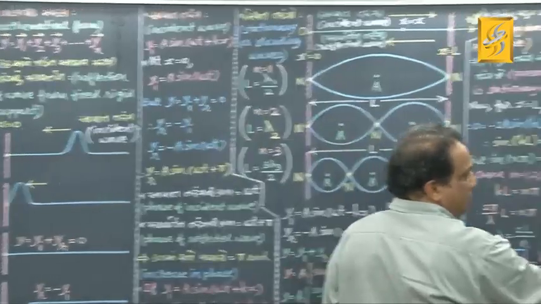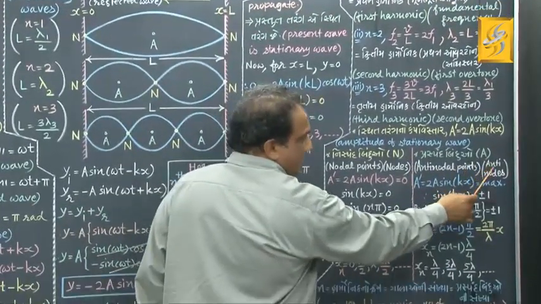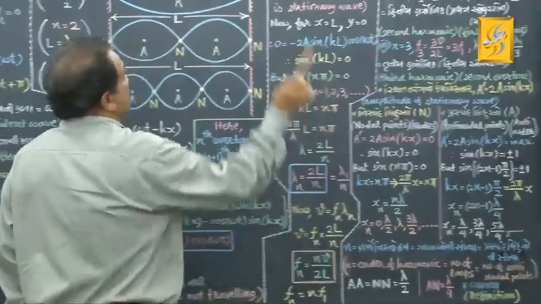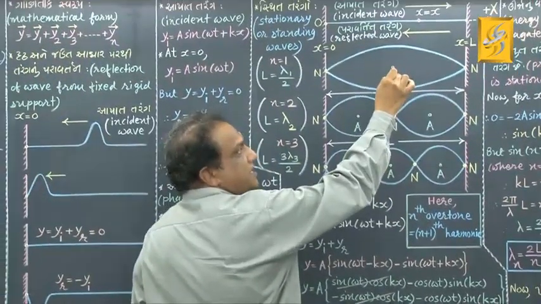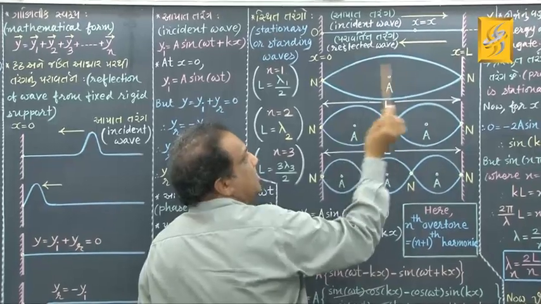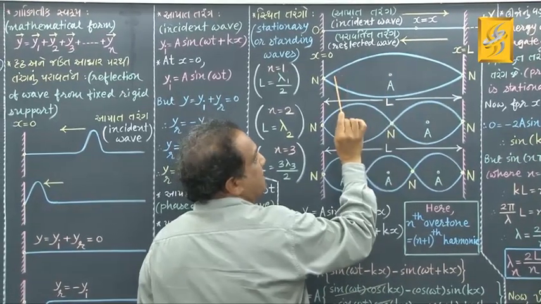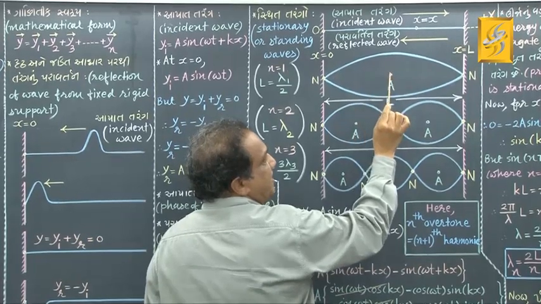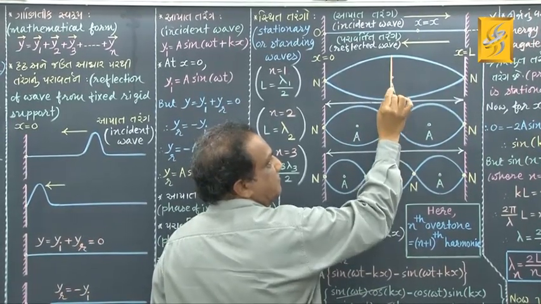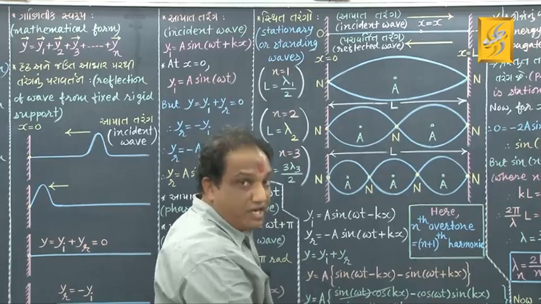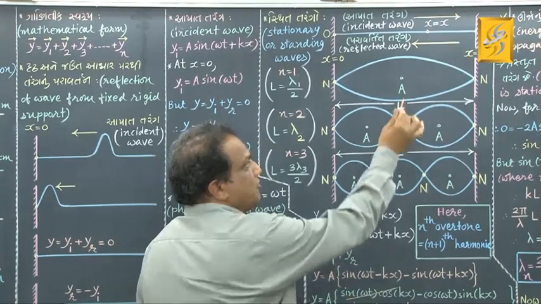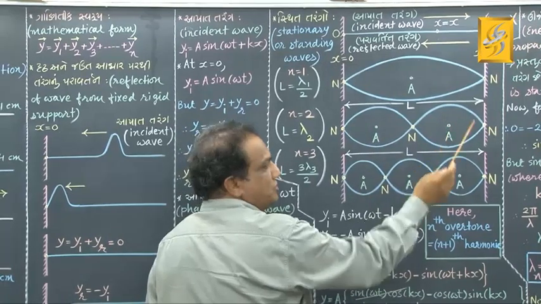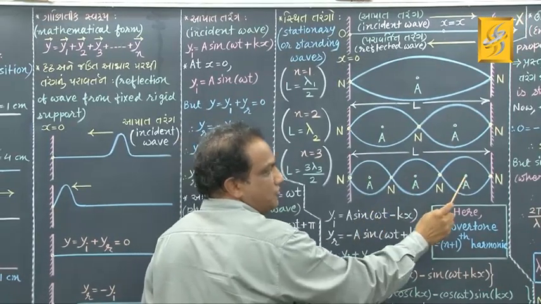They are shown by symbol capital A. Here the particle of the string has maximum amplitude. As you move from this point to this point, you can see amplitude goes on increasing, and finally here it becomes maximum. That very position is called an antinode, and that's why it is shown by symbol capital A. Similarly, here these two are the antinodes. Here there are three antinodes.